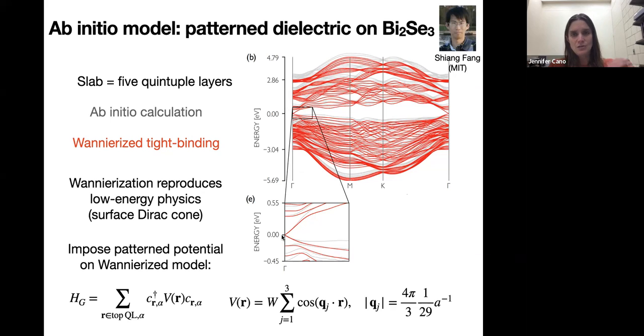That's exactly what we do. We chose to apply a triangular lattice superlattice potential with a period of 12 nanometers. We chose 12 nanometers just because it's the same scale as twisted bilayer graphene, which seems to be a really nice length scale. So that seemed like a good place to start. And I should say these calculations were done by Shang, who's now a postdoc at MIT.